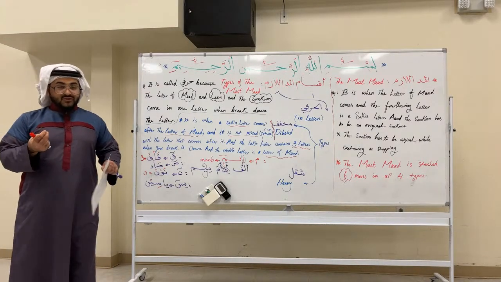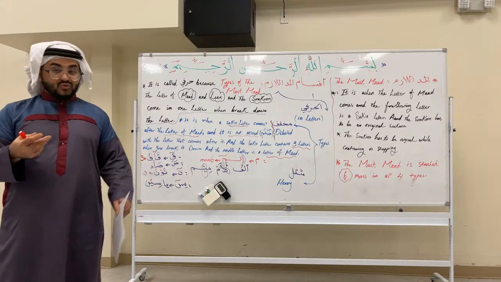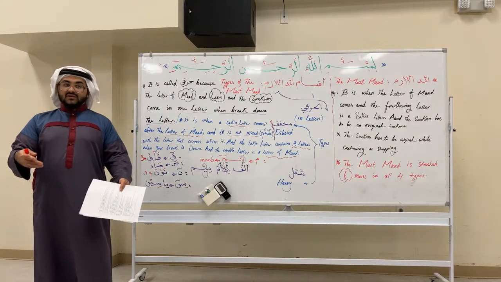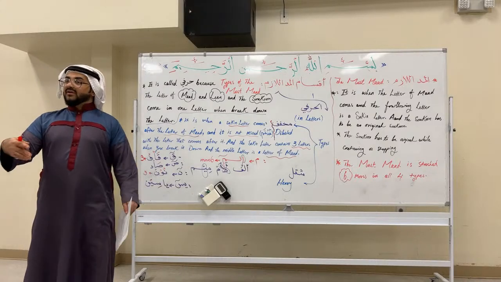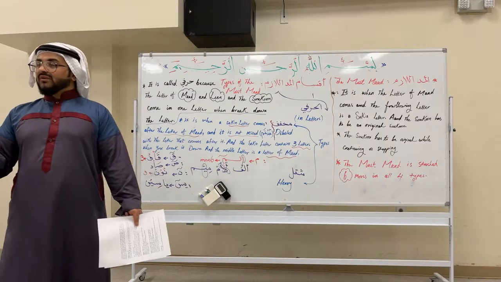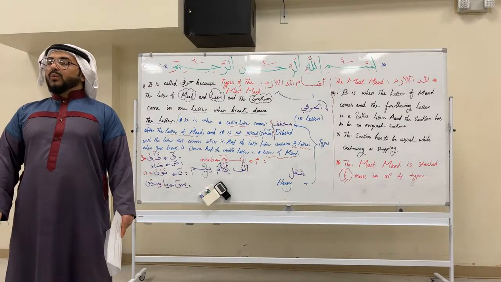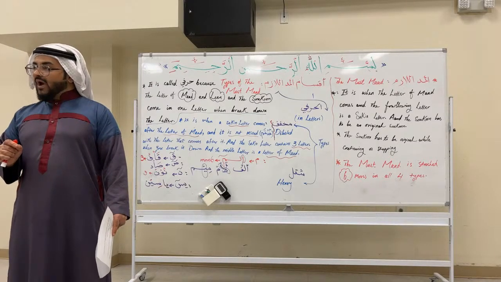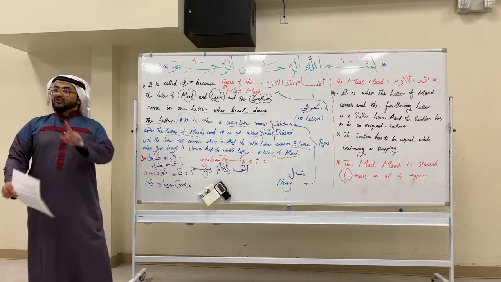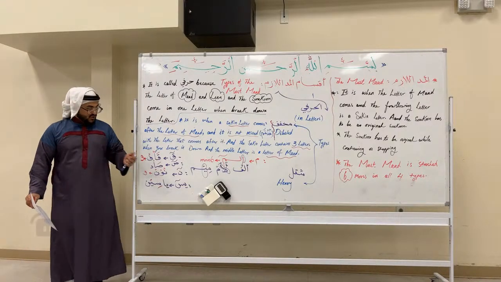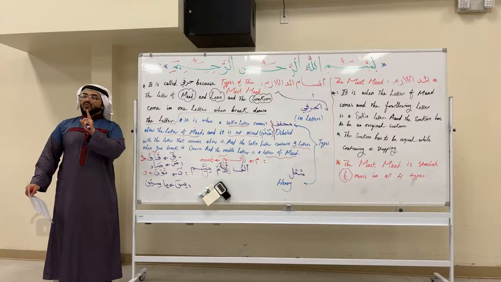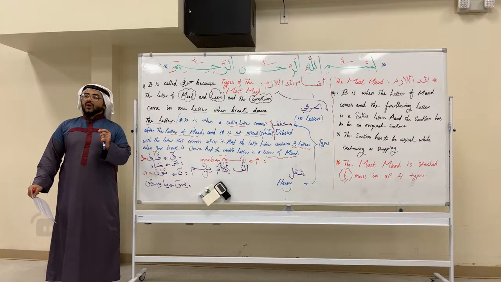You know the idgham: if the waw comes after the noon, we mix them. You know that, right? The grammar. We are going to study that, inshallah. Like the idgham in yarmilun, minwal. How do you say it? But how do you say this? You don't make idgham. Noon wal qalami wa ma yasturun.